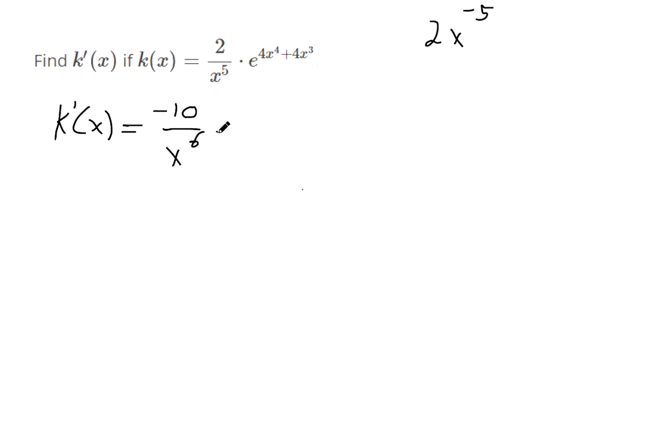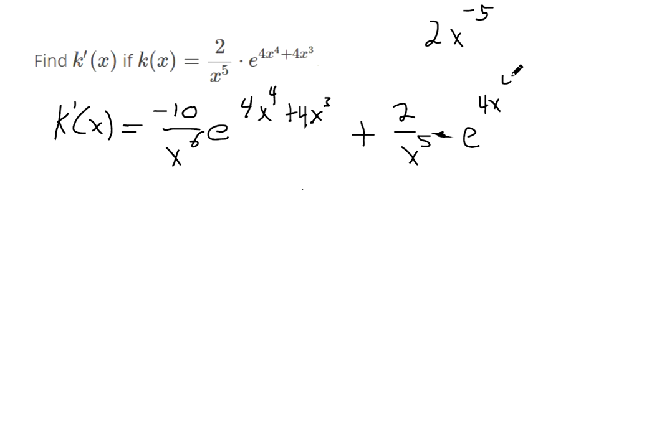That's the derivative of the first function times the second function kept the same. And then the product rule says you add the original first function, the 2 over x to the 5th, times the derivative of the second function. Now the derivative of the second function is itself, because there's that exponent base e function that we talked about.